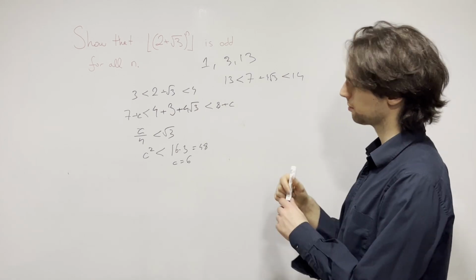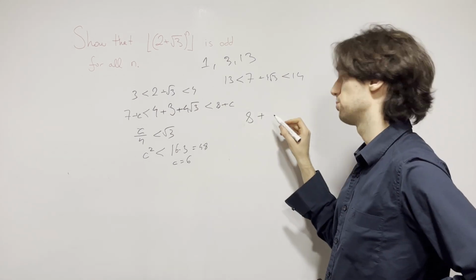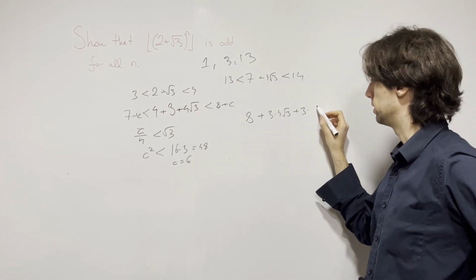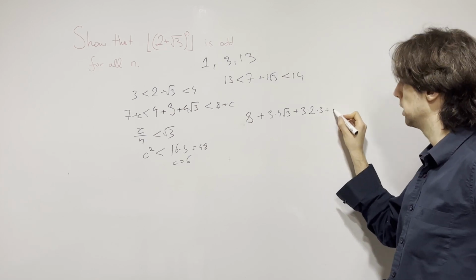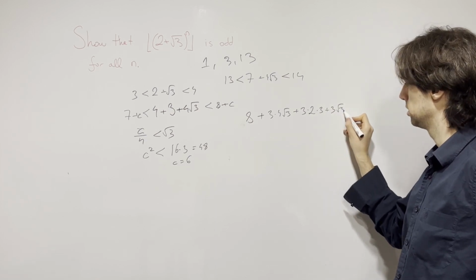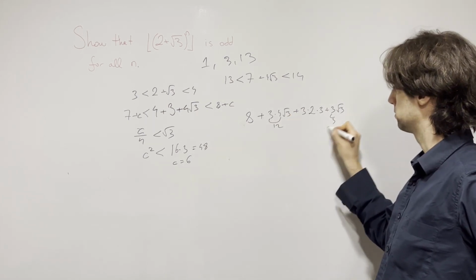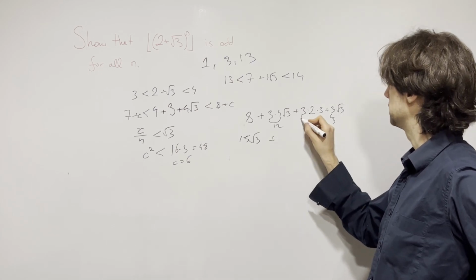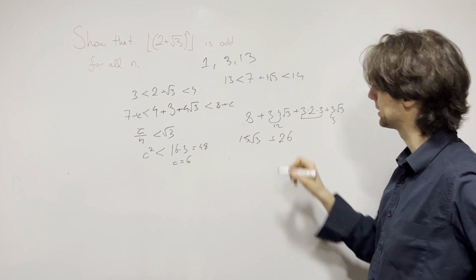We have cubes, so we have 8 plus 3 times 4 times the square root of 3 plus 3 times 2 times 3 plus 3 square roots of 3. It's going to have 12 plus 3, that's going to be 15 square roots of 3, plus 3 times 3 times 2 is 18, plus 8 is 26.